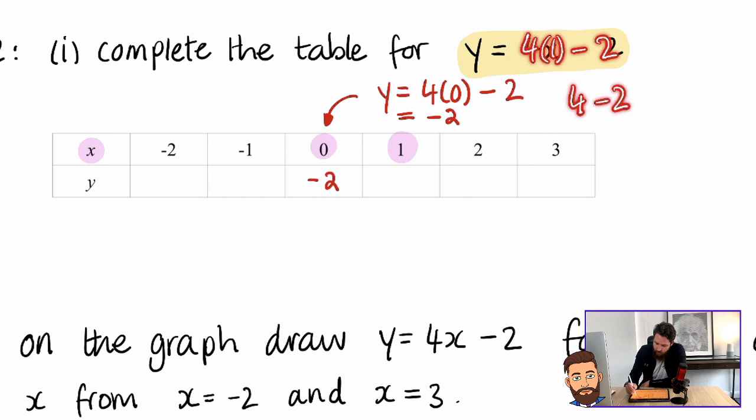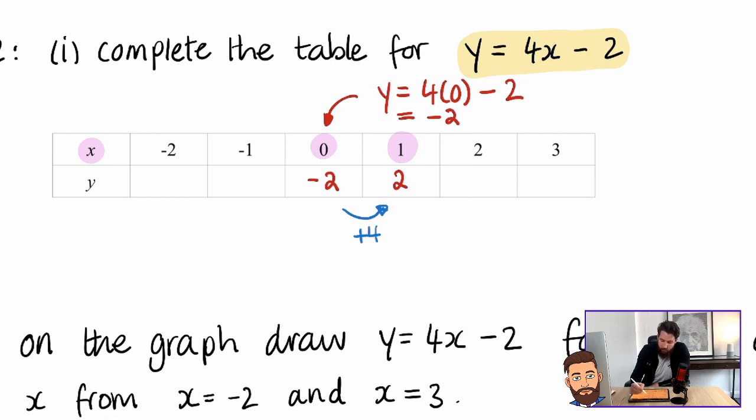Take away 2 is 2. So 1 for x would give us a y of 2. Well, is our hypothesis correct? Is our pattern correct? Yes. What is the difference between minus 2 and 2? Plus 4. And that plus 4 links perfectly with the 4 in front of the x.